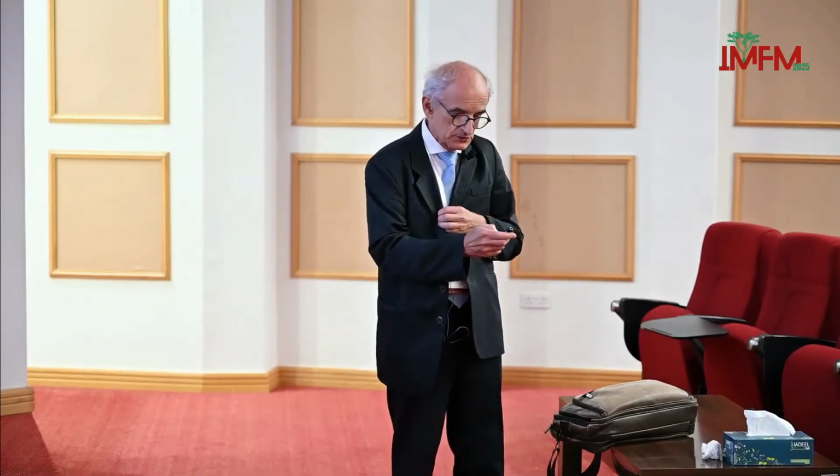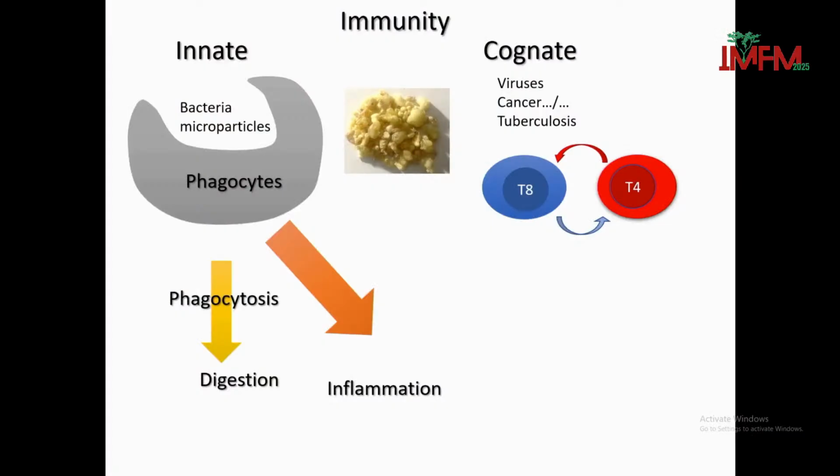The ingestion of microparticles induces the production of inflammation. The other part is the cognate immunity, which is highly specific with a good memory of the defense, and it is well focused on virus, cancer, allergy, etc.